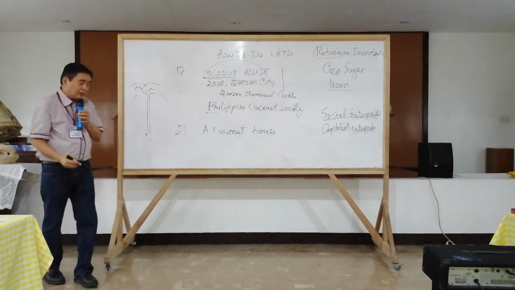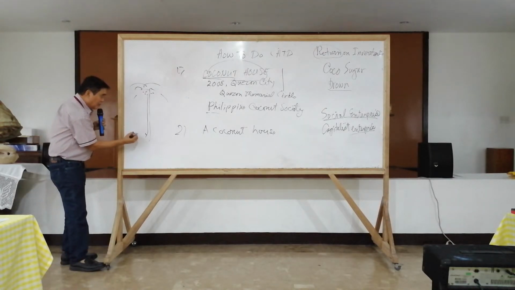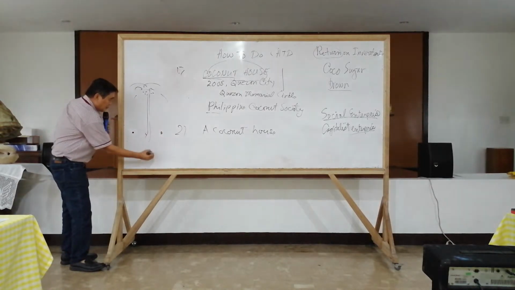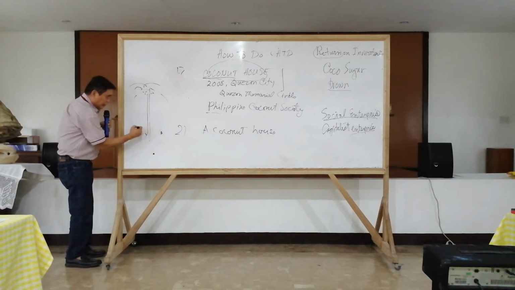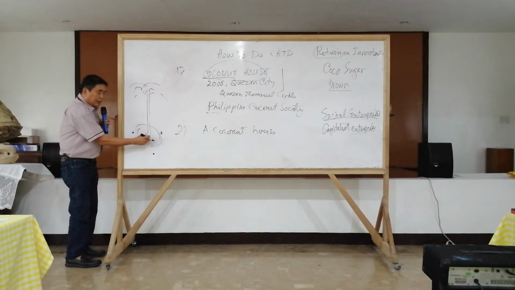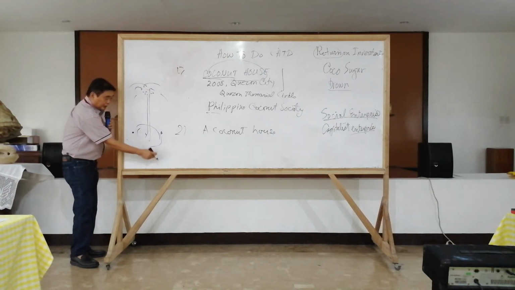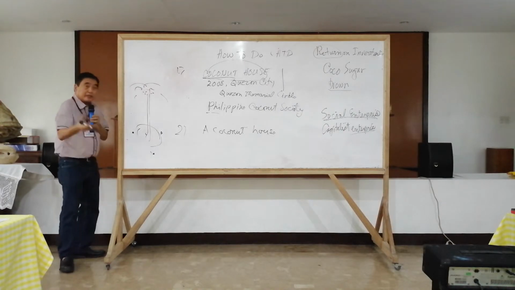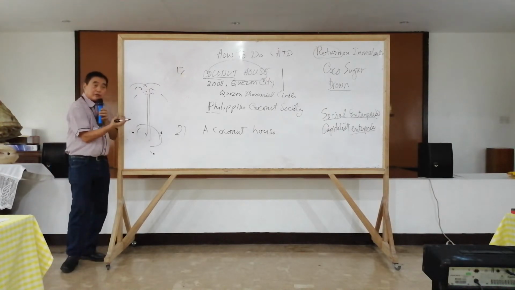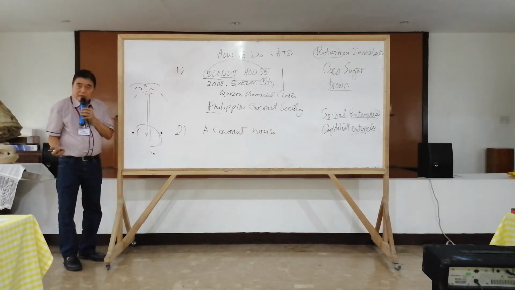But first, let's plant 3 coconut seedlings around, 1 meter away or 1.5 meter away. Okay? We plant and then wait for it to flower and bear fruit. How many years?